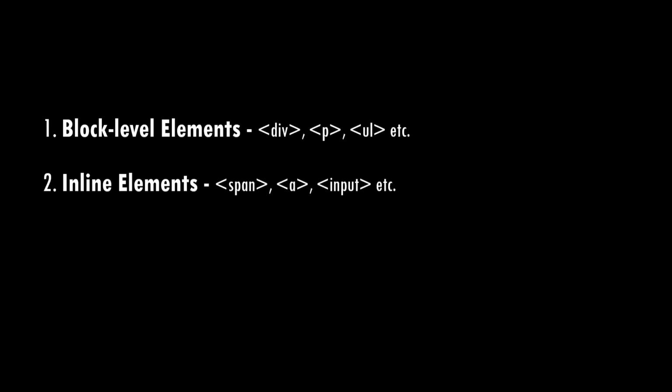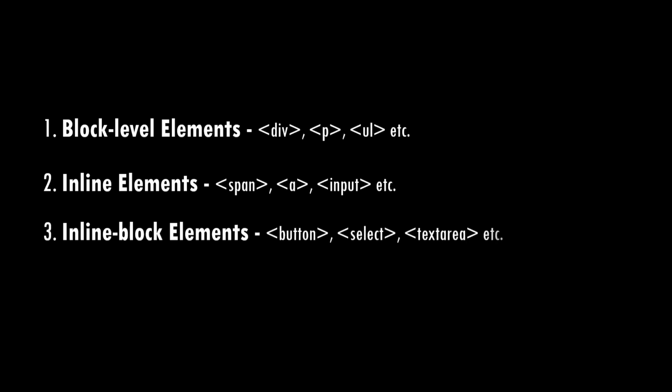An inline element does not start on a new line. It only takes up as much width as necessary. Inline block elements. The major difference from a block element is that an inline block does not add a line break after the element, so the element can sit next to other elements.